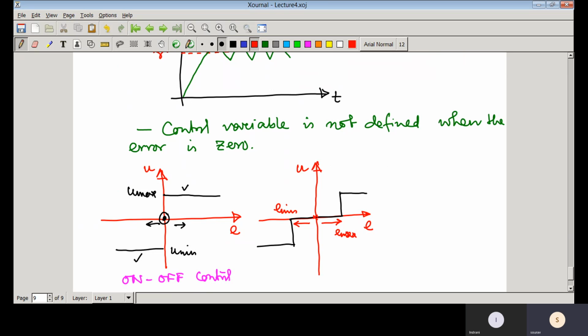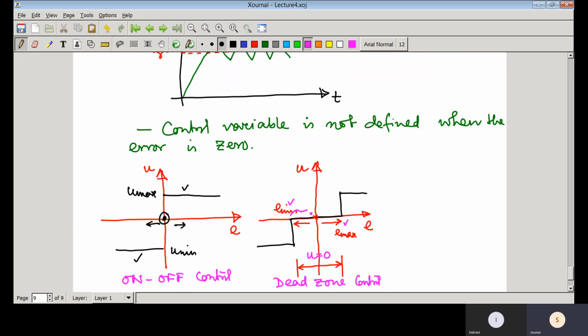When the error is inside that band, there is no control input. So when the error is between E min and E max, the control input equal to 0. This particular zone is called the dead zone, and this is the dead zone controller.